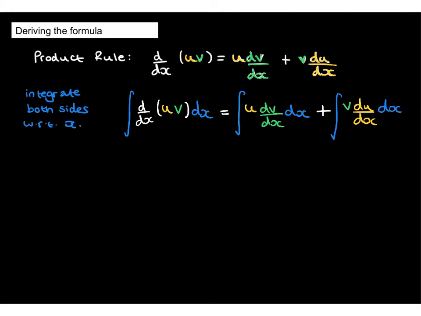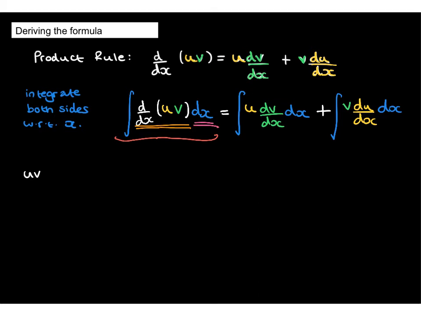Now, let's look at the component parts of this. On the left-hand side here, we have a derivative with respect to x, which is then being integrated with respect to x.